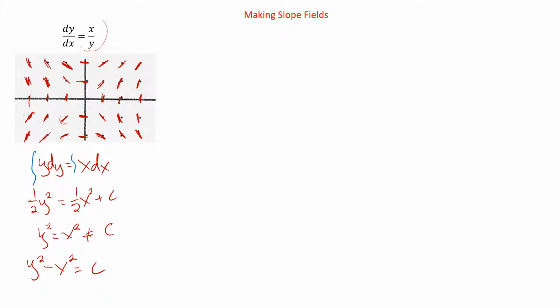So we would divide by c to get y squared over c minus x squared over c equals 1. And then what that c value is would depend on whatever the initial condition is to tell us where we would be drawing this. We don't have an initial condition in this case, so we would just find the general form.